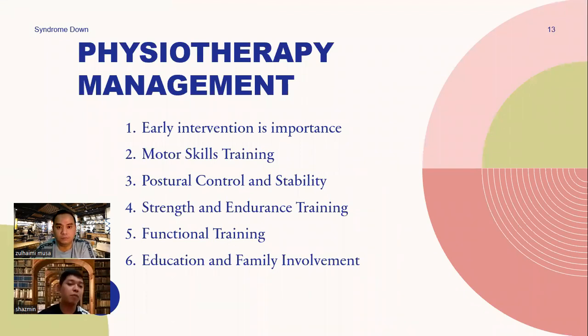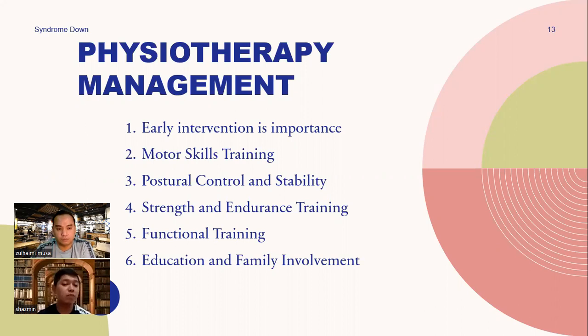Coming to physiotherapy management. First is early intervention and its importance. Early intervention is very important to a Down syndrome person. Then the second one is motor skill training, because most Down syndrome persons are affected in most motor skill function.